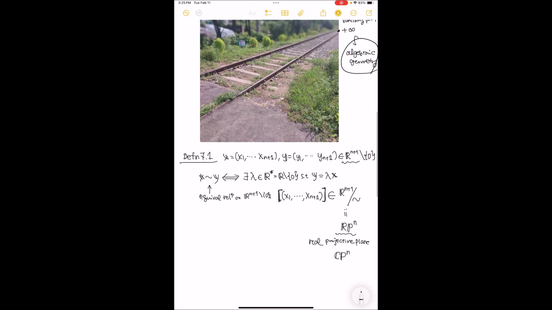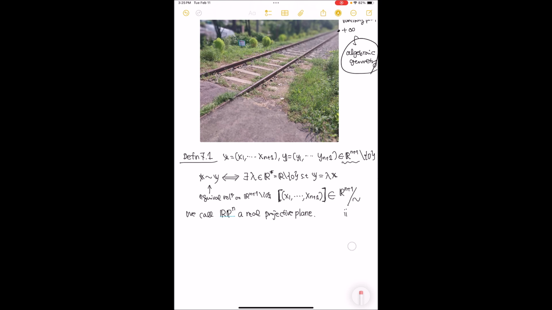Of course, if we change to the complex case, we denote it by CP^n. Okay. That is the concept of the real projective space.